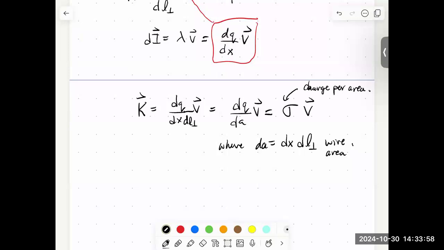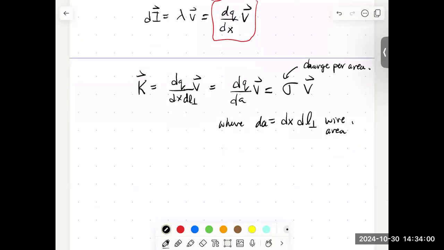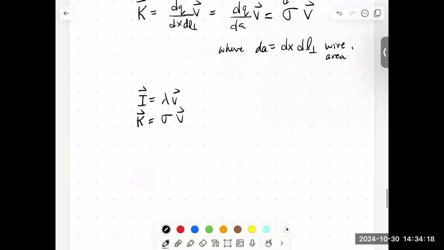So it's kind of nice because now, for our one-dimensional wire, we had that I was equal to lambda v. And now that we have our two-dimensional surface, the surface current density is sigma times v. So in that way, it's kind of nice and analogous.